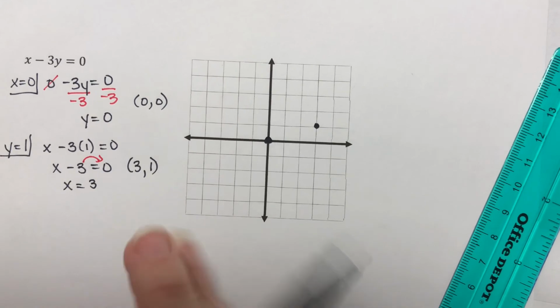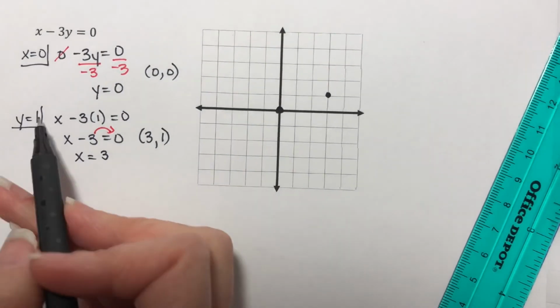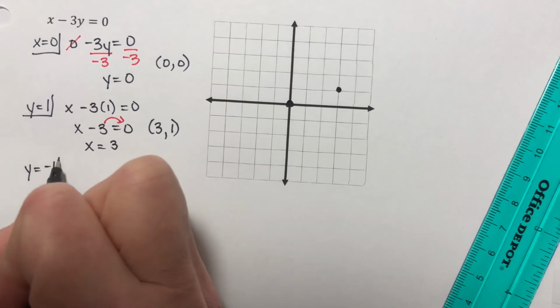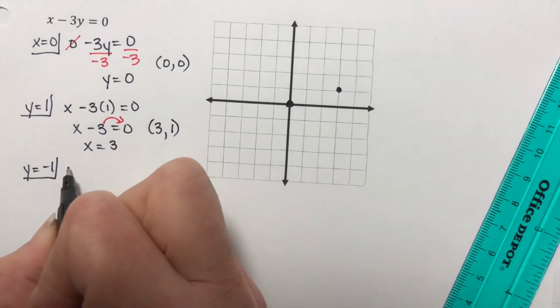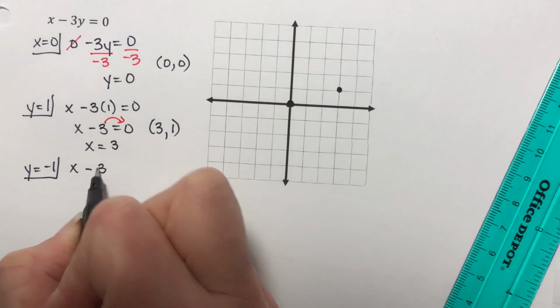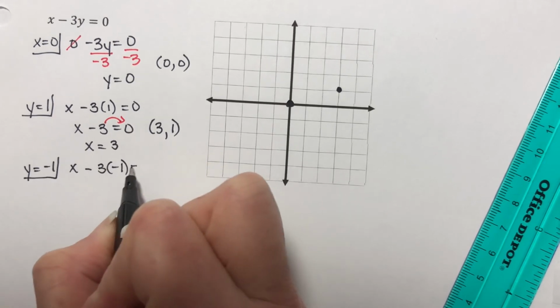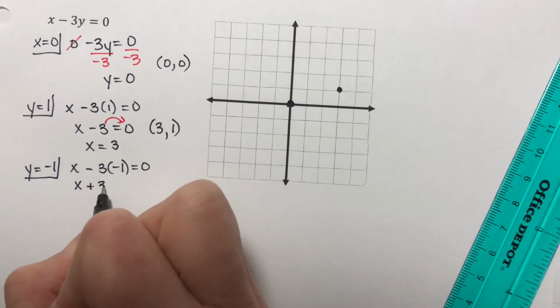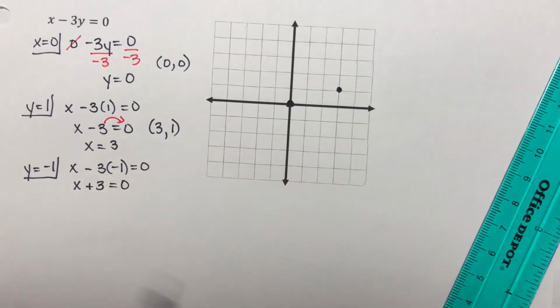Ones are easy to deal with, so let's try plugging in -1. That's probably the next easiest thing. So let's say y is -1 instead. Well, that would be x minus 3 times -1 equal to 0, which is x plus 3 equal to 0.